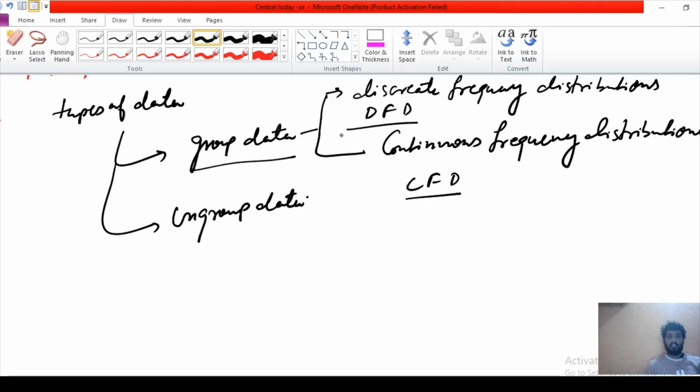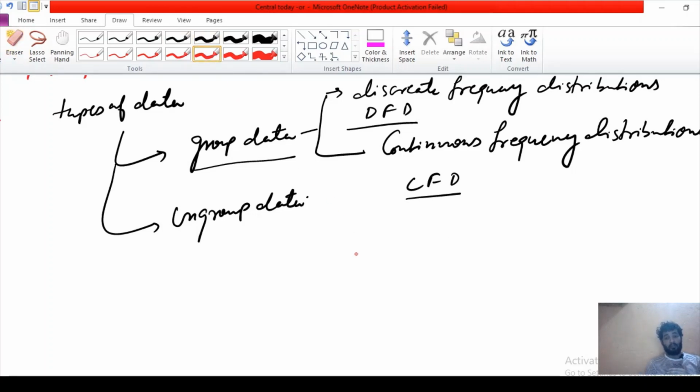In case of discrete, persons who have marks may be identical, may be different. Say 10 people have 20 marks each. So how can we represent this in grouped data?